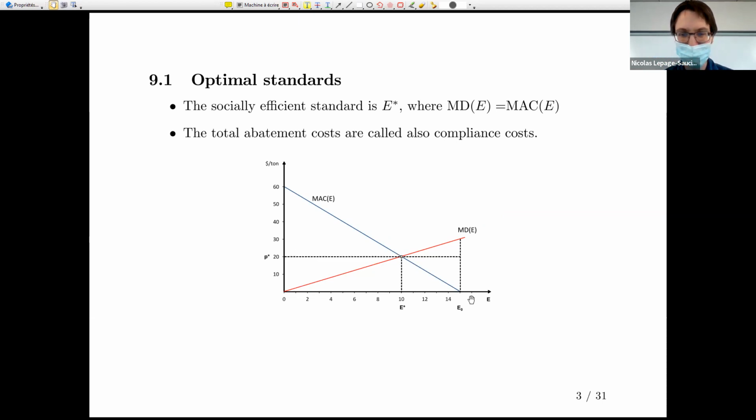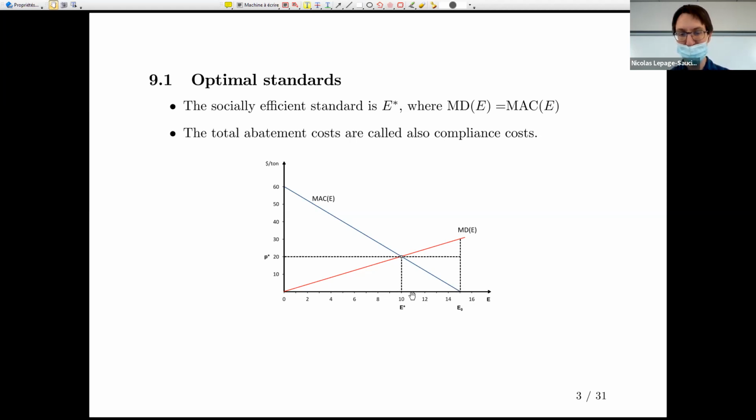So the compliance cost: how much does it cost for the firm to comply with the law? Well, if there's no law, the firm emits zero. Now with the law, it emits 10. So the total cost paid to be in line with the law is the marginal abatement cost for all of the units that you abated.